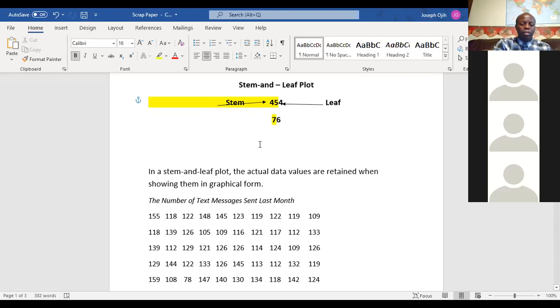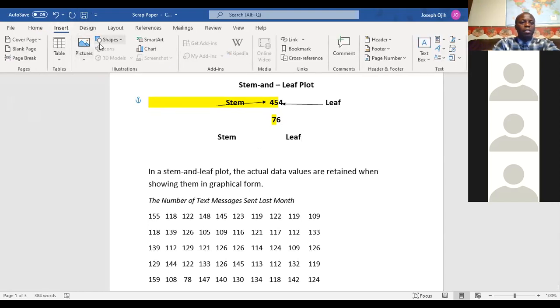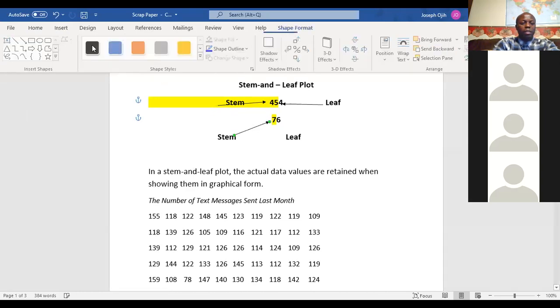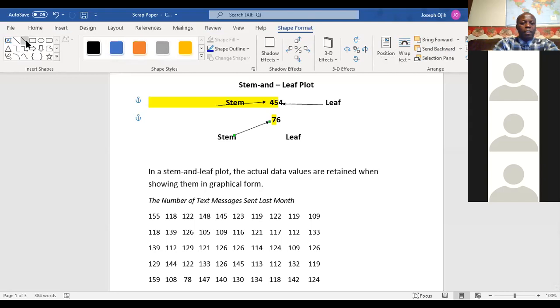The last digit is always the leaf. That's on the test and the homework.